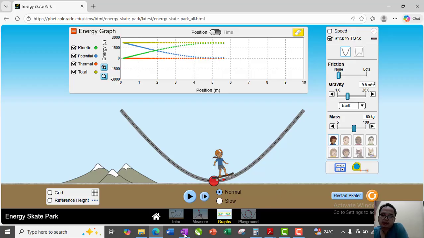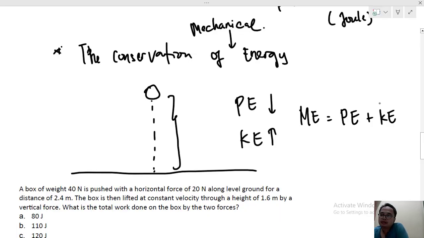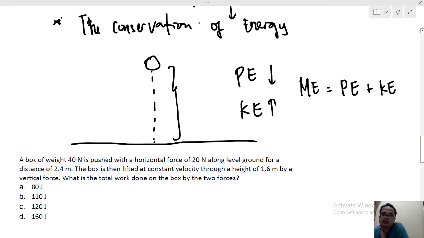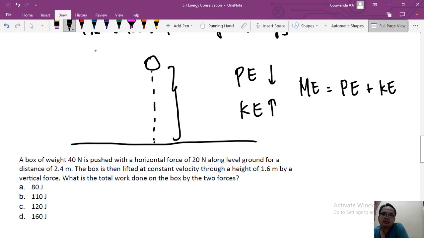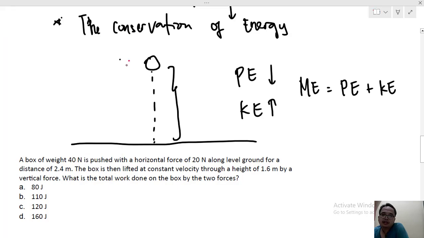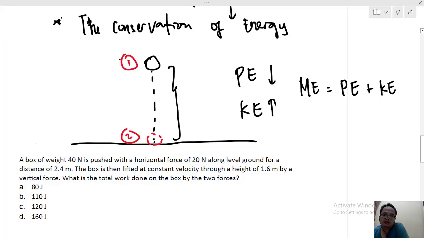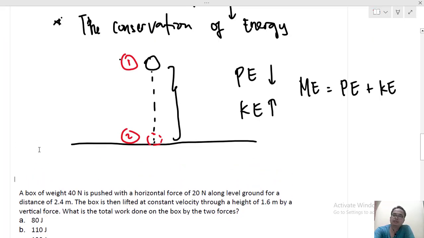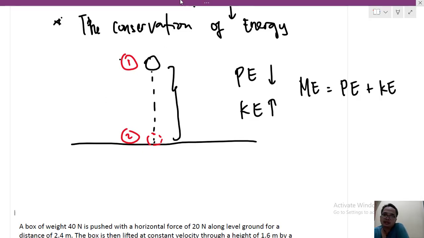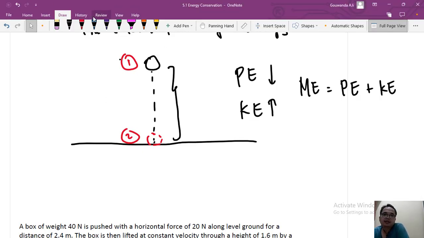Let's go back to our notes. What does it mean? We will take 2 points. This is point 1 and this is point 2. Total energy is equal to mechanical energy, it is the same term.